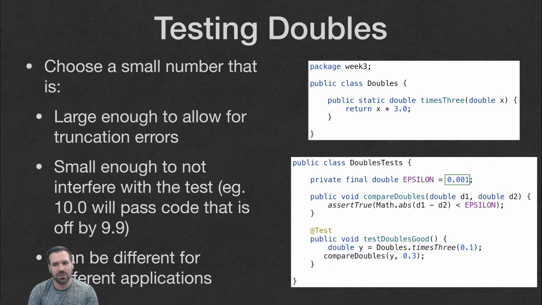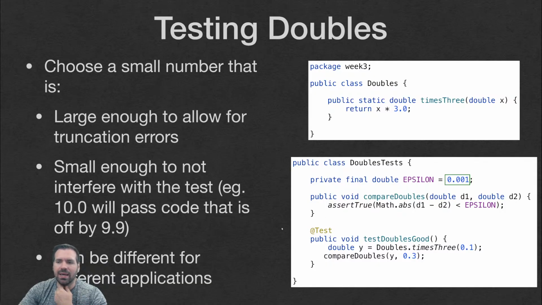If it's 0.001 meters, it's completely useless. You're just calling everything good. If you're measuring the distance between planets, you might be able to handle an epsilon of 1,000,000 kilometers. That might be fine. It all depends on what your specific application is. For our applications, 0.001 is going to be fine.